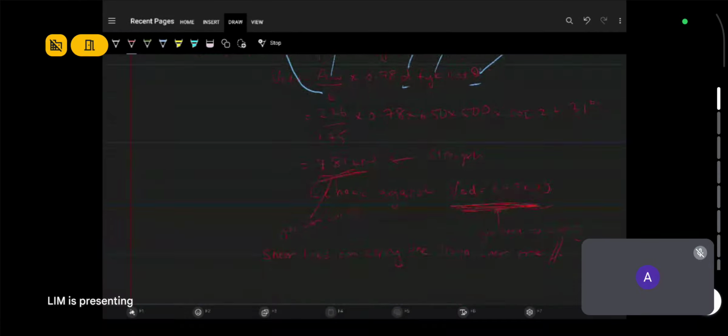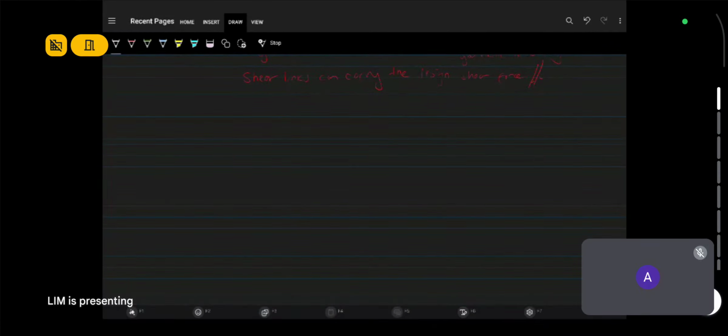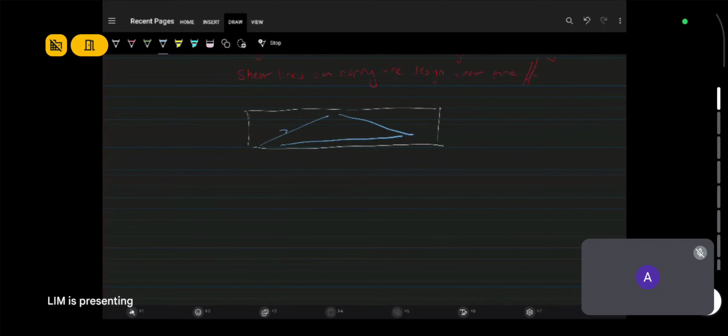Now let me draw the beam again. That's your beam. That's the strut and tie. So we calculated the force here. We checked the crushing at the end, but we haven't calculated anything for the tie.